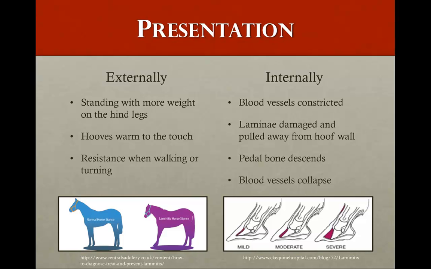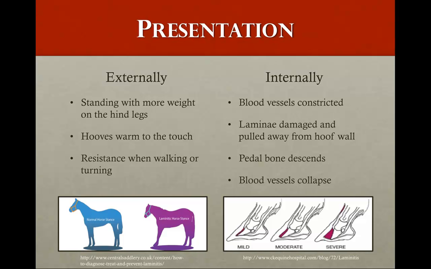Internally, blood vessels may be constricting. Laminae have been damaged and are pulling away from the hoof wall. Pedal bone descends, as you can see there in the figure to the bottom, either mild, moderate, or severe, and blood vessels have collapsed.